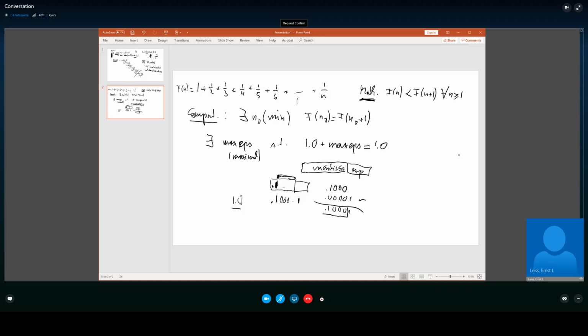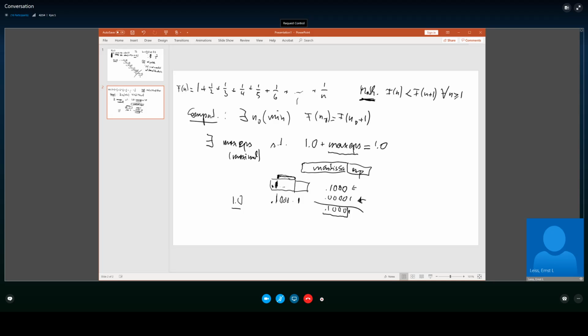And so this would be a value that, when added to this value, is going to give me that value back, even though it is obviously positive. And so this is not necessarily the maximum of all those, but there obviously is going to be a max epsilon that has the property that, when added to 1.0, is going to give me back 1.0.